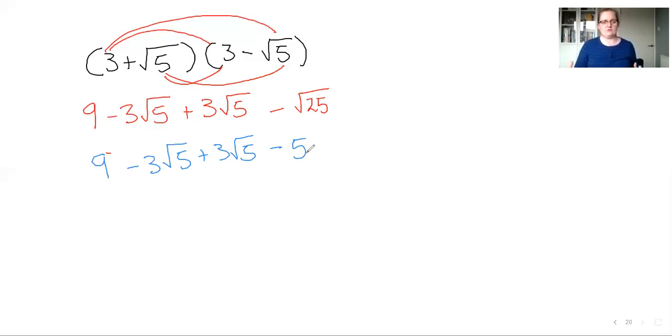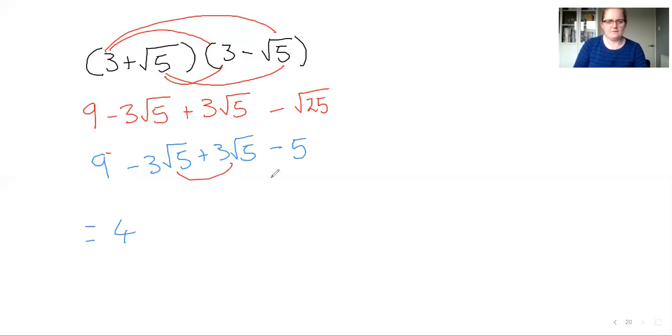So now we've got an equation we can look at. Can we simplify this more? Let's deal with the integers. Yes. 9 minus 5 will give us 4. Minus 3 root 5 plus 3 root 5, they're just going to cancel each other out.